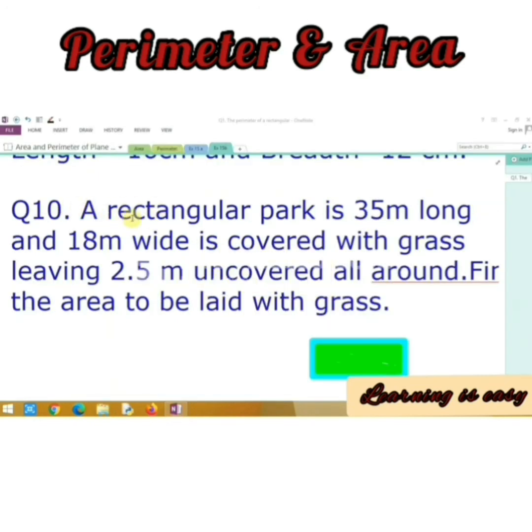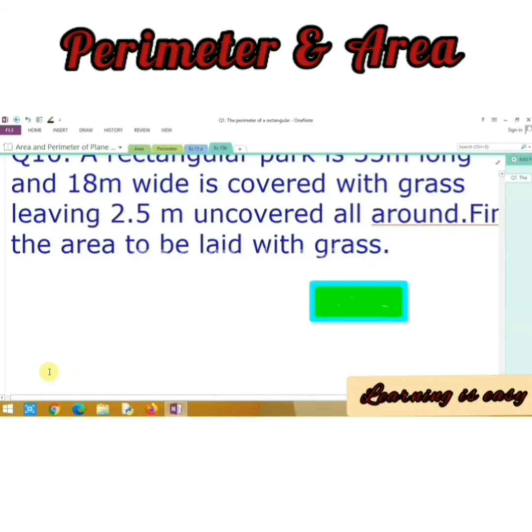Next, question 10. A rectangular park is there which is 35-meter long and 18-meter wide, is covered with a grass, leaving 2.5-meter uncovered all around. That's the gap between the grass and the outer part of the park. Find the area to be laid with grass.